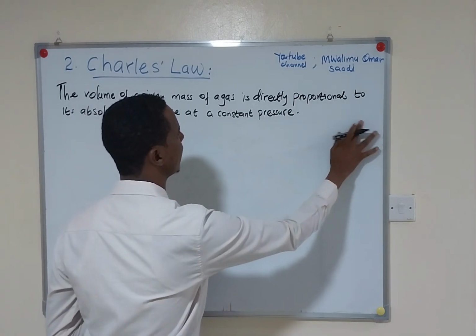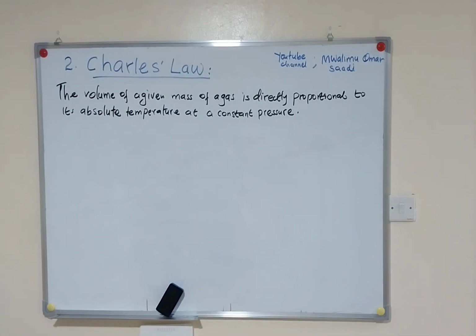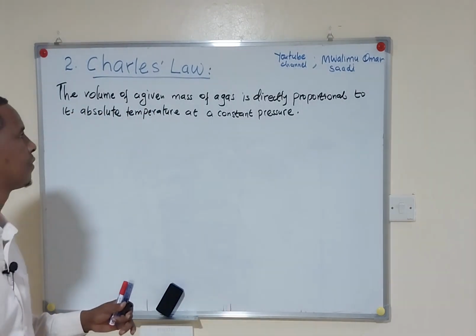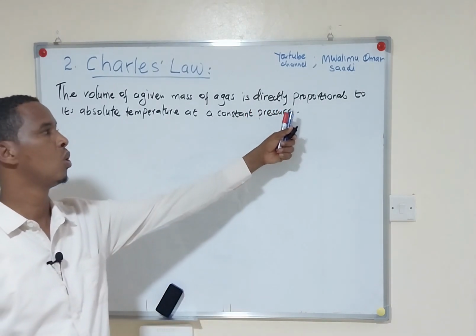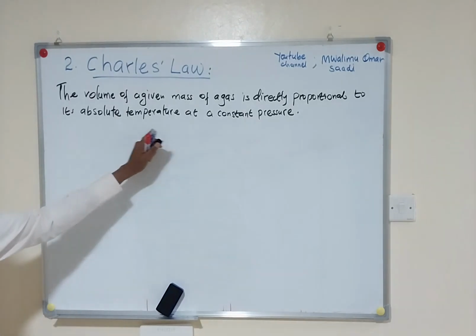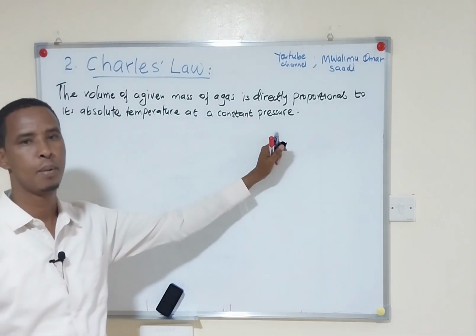So that is the statement of Charles' law. The volume of a given mass of a gas is directly proportional to its absolute temperature at a constant pressure.